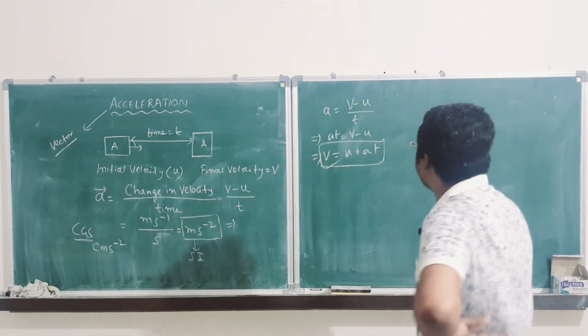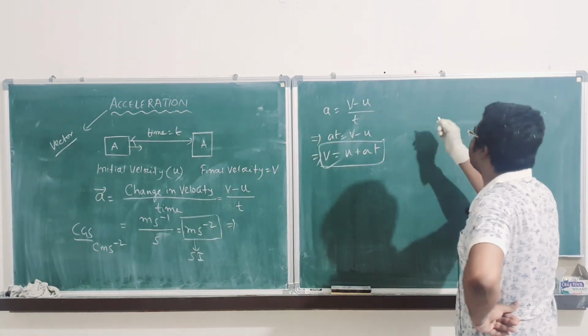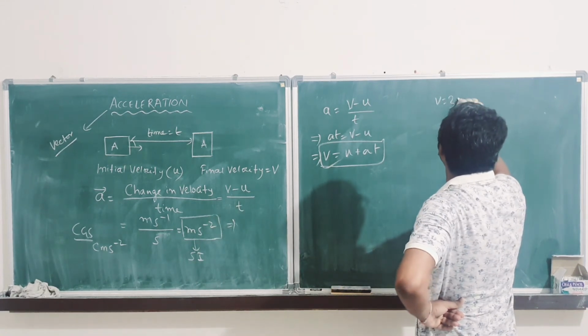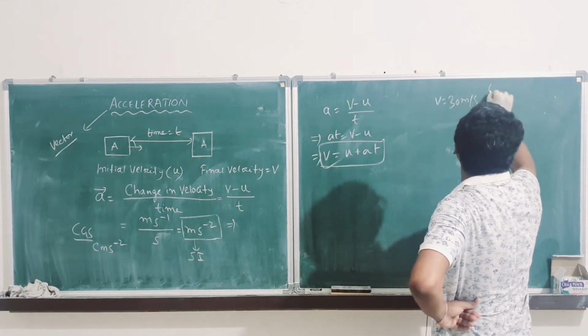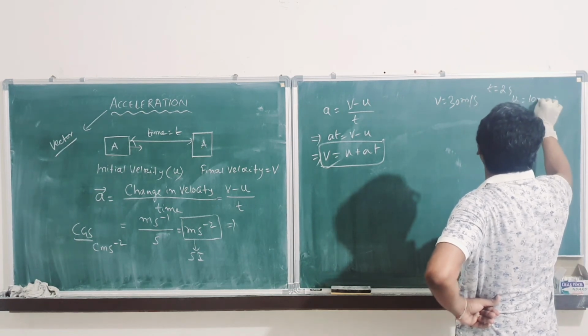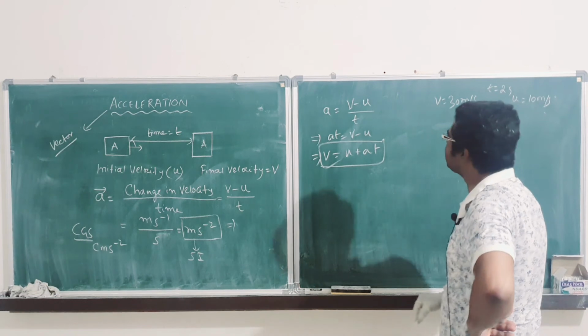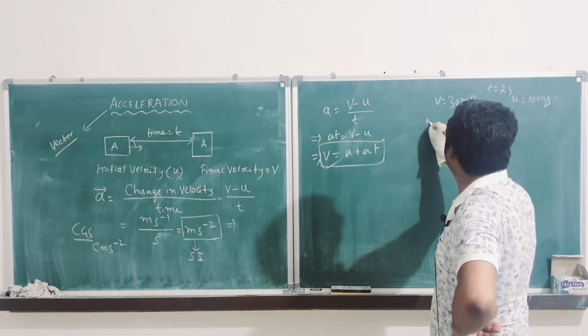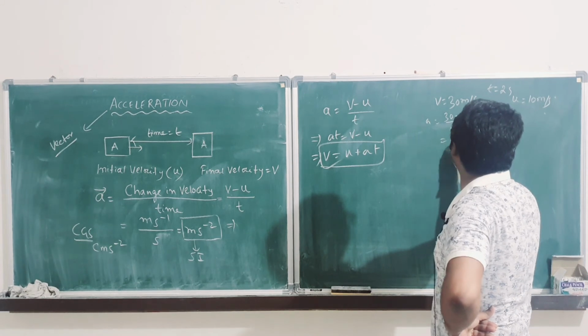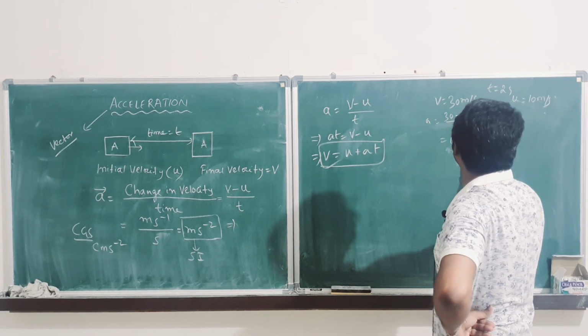Okay, next. If this is acceleration and suppose your final velocity is 30 meter per second, time taken is 2 seconds and initial velocity is 10 meter per second. In that case, if you want to calculate acceleration, 30 minus 10 by 2, so 10 meter per second square. Clear?